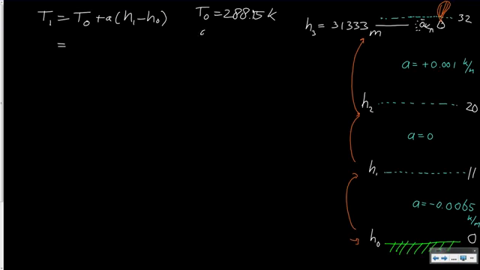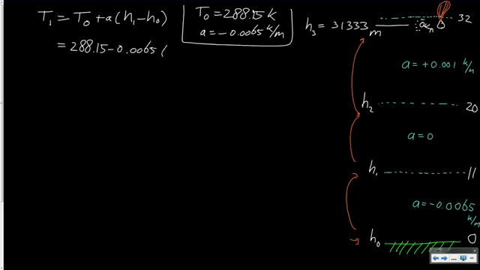The lapse rate was given in Kelvin per meter. So using this equation, we can calculate the temperature at the top of the troposphere: 288.15 minus 0.0065 times 11,000 minus 0, and this equals 216.65 Kelvin, which is our T1.